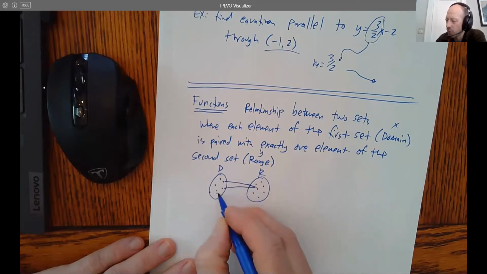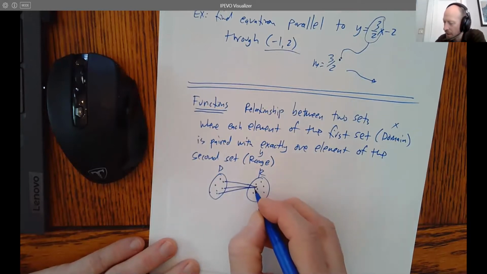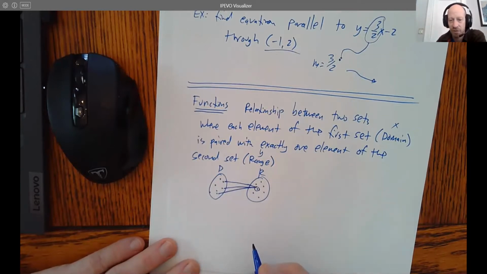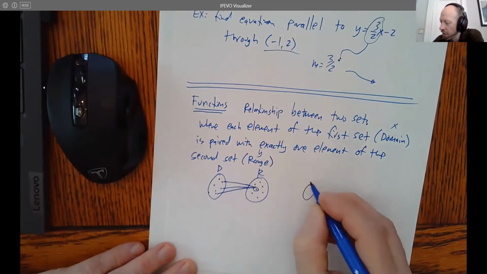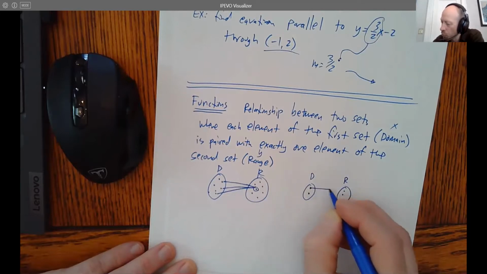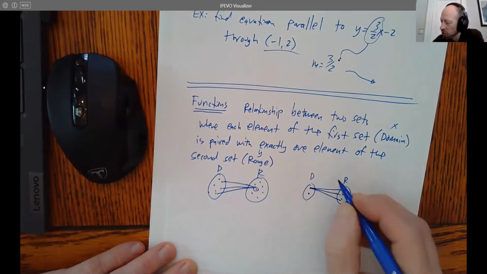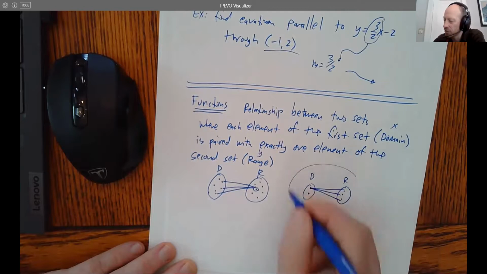It's okay if all of those elements of the domain go to that same value. That's still a function, still a good relationship. If, on the other hand, I have one element of the domain that connects to multiple things in the range, that is not a function.